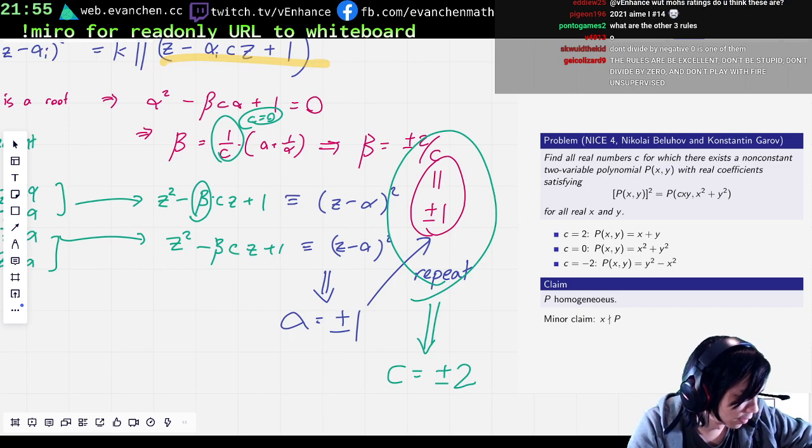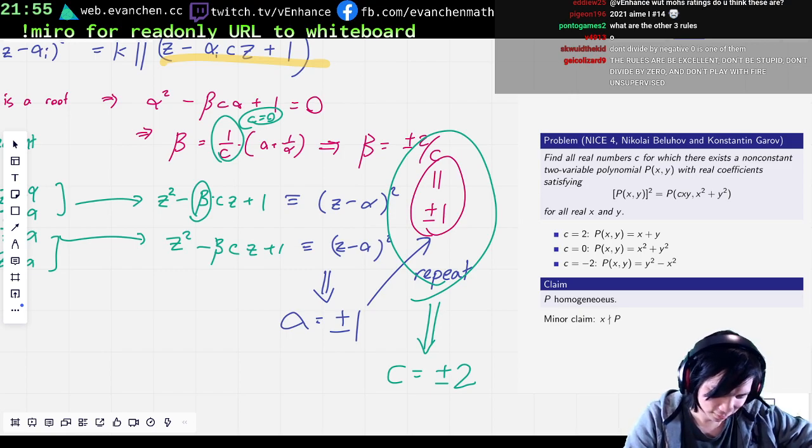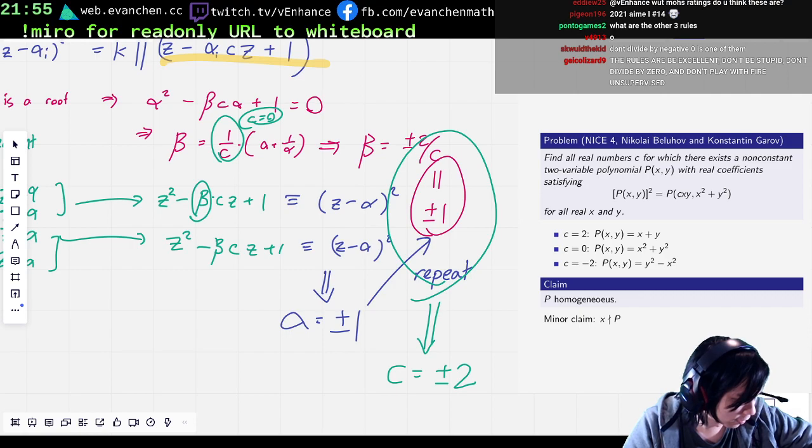And then no one in our committee actually got around to solving the problem. It apparently did appear for some TST reviews. So Ankan, for example, had seen the problem before, but none of the rest of our committee has solved it. And then fast forward, we put it on the test.